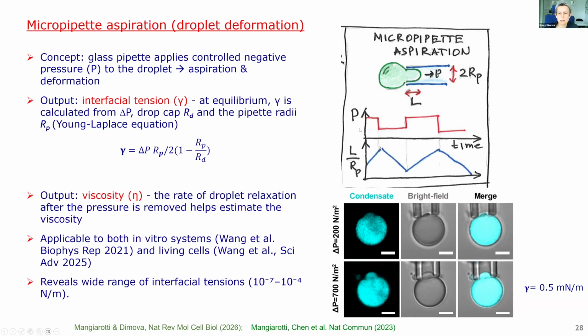And if you change your pressure and look at how the condensate responds, so this length here inside the pipette, which would be a little bit dynamic, you can get information about the viscosity of the droplets. This method can be applied both in vitro as well as in living systems. Here are some example references.